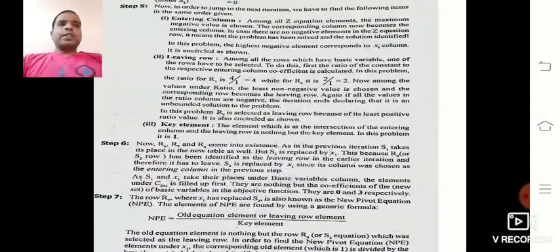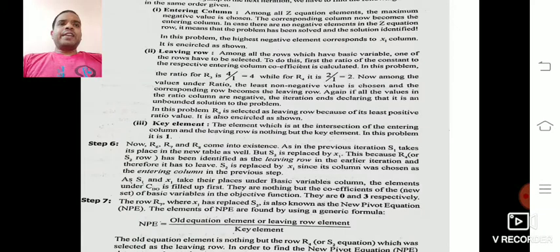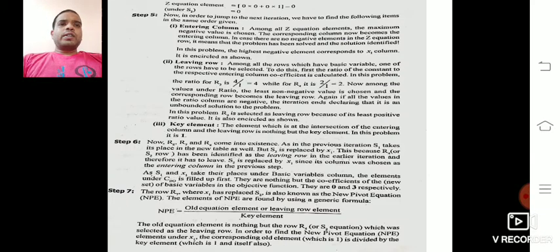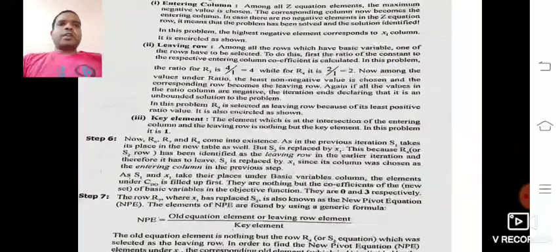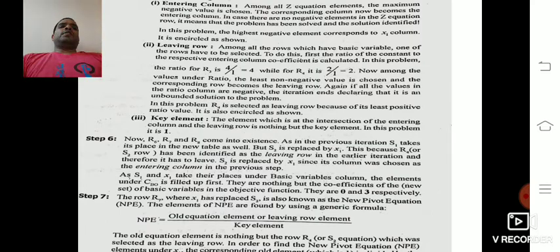That is NPE, the new pivot equation. The formula, write down here: new pivot equation is given by old equation element divided by key element.